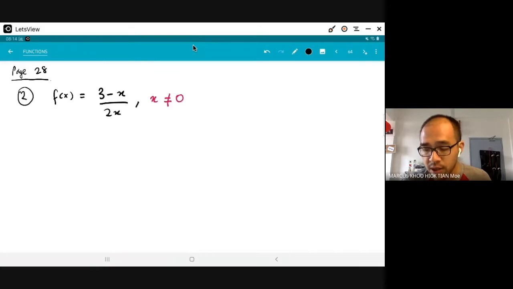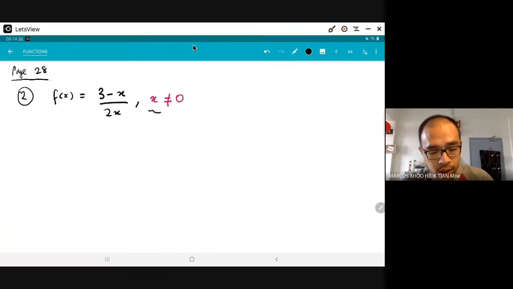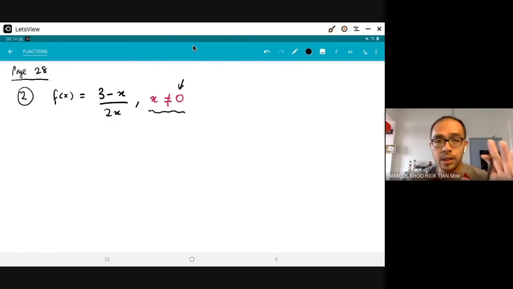Okay, so you have this function f(x) = (3 - x) / 2x. But the first thing I want to talk about is this red color word over here. Kenapa ini mesti x tidak sama dengan kosong? Dan macam mana kita mau tentukan nilai di mana x tidak boleh diganti dimasukkan.